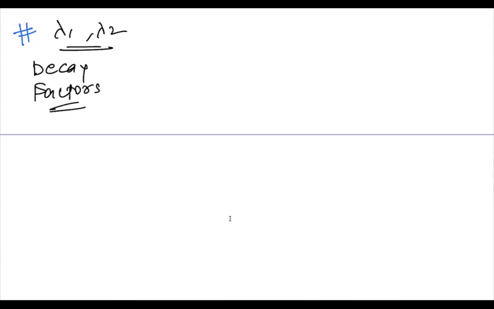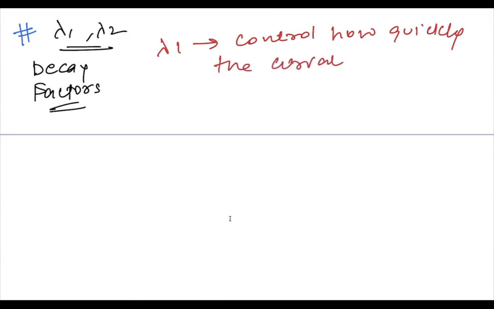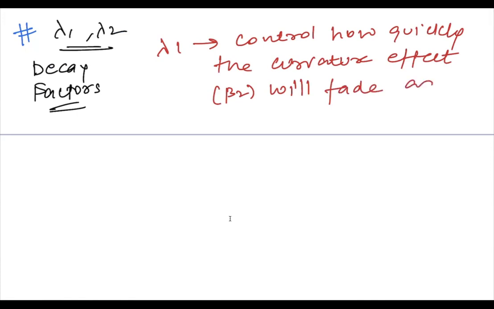So what does lambda 1 and lambda 2 signify? Lambda 1 controls how quickly the curvature effect, which is beta 2, will fade along the yield curve.